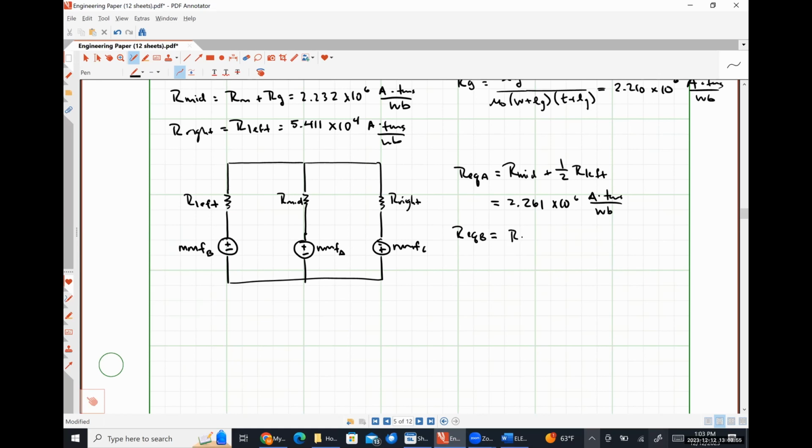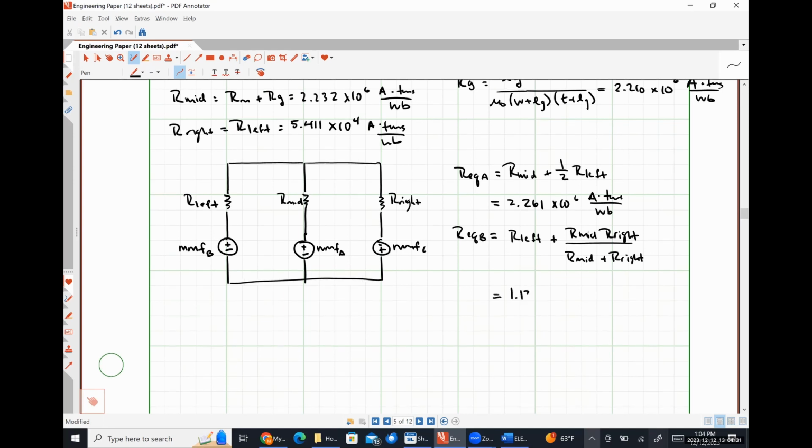So R left plus R mid times R right over R mid plus R right, where I'm using the shorthand notation for resistances in parallel, because I don't like using that 1 over crap for the motor. And it's only two.